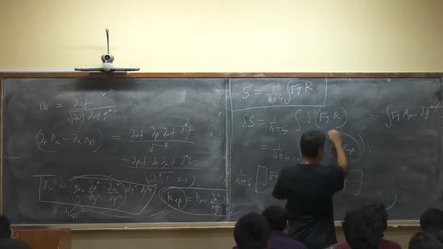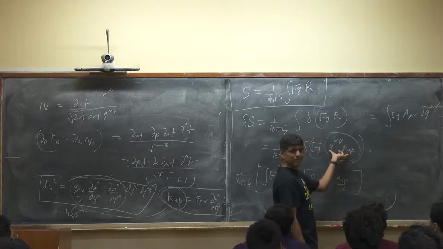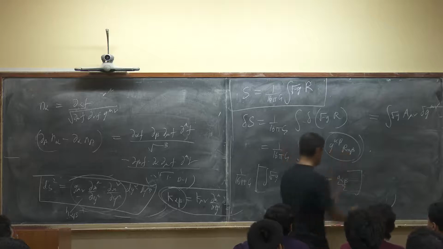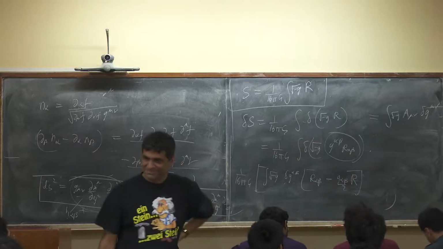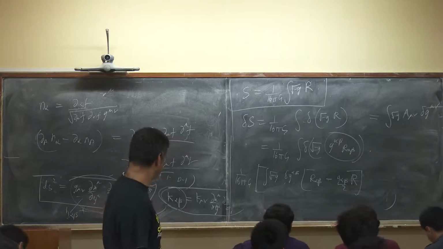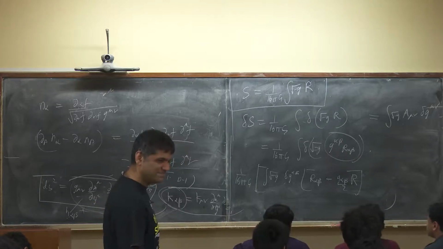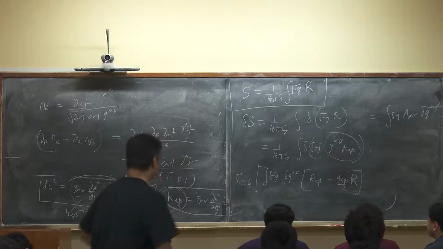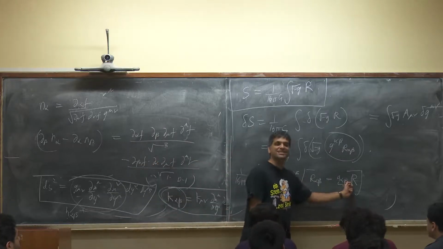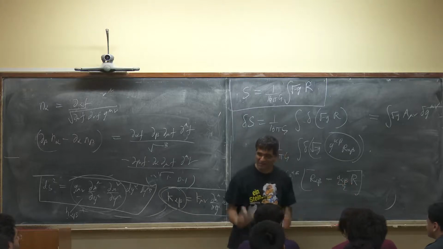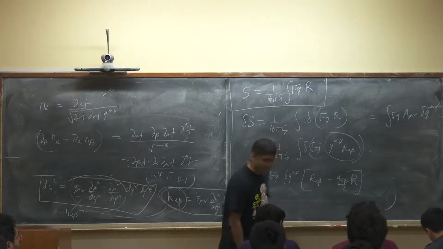Times, now as far as this variation was concerned, this was a constant. So this was just R. Okay? You remember, right? For this I appeal to the exercise you guys solved in your first problem set. You remember how to do this. Okay?